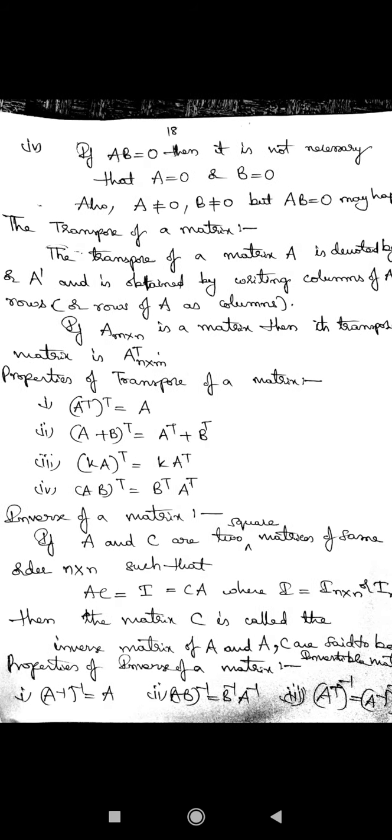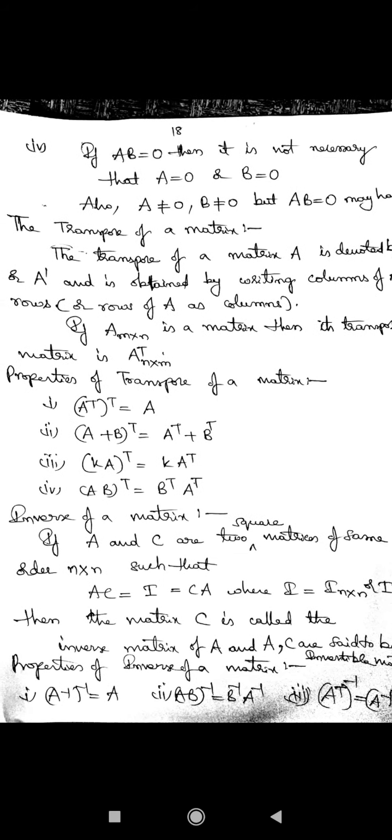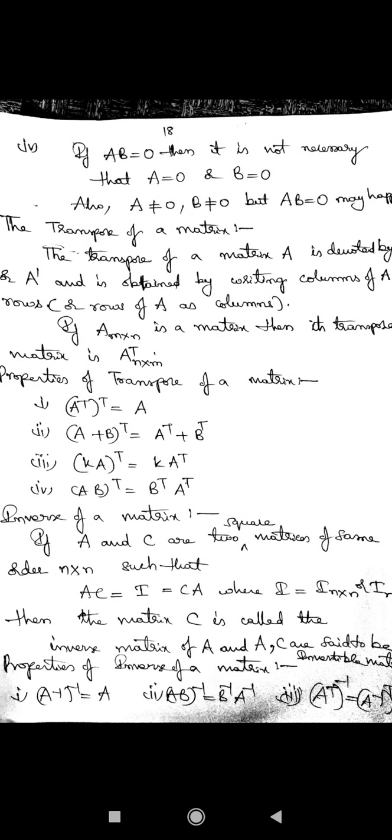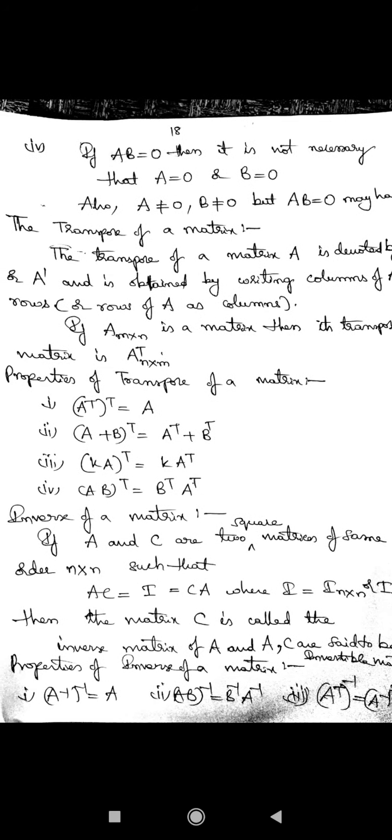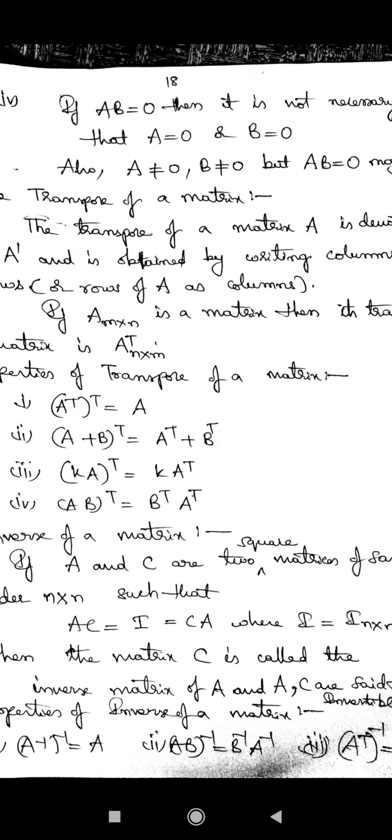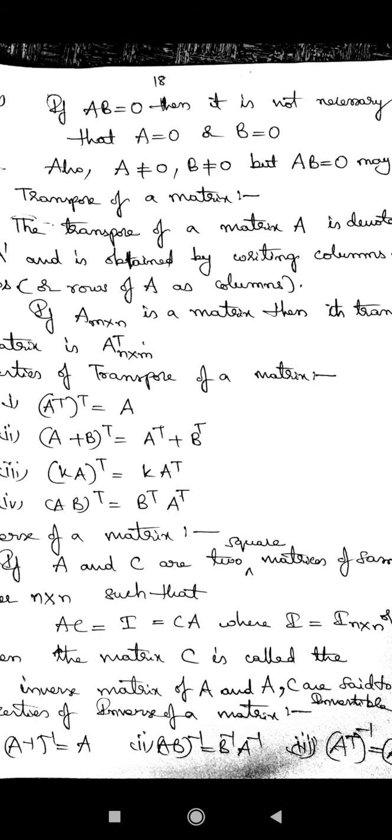The properties of the inverse of a matrix are like this. The first property says that A inverse whole inverse is equal to A. That means if we find the inverse of a matrix two times successively, then we will get the given matrix A itself.